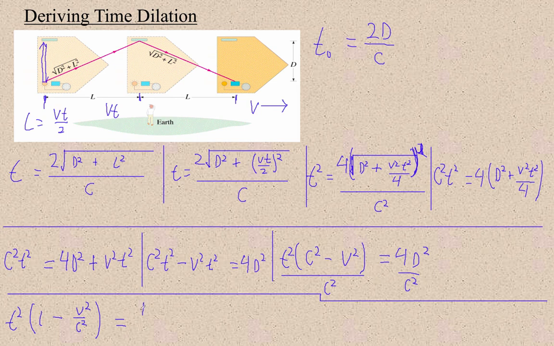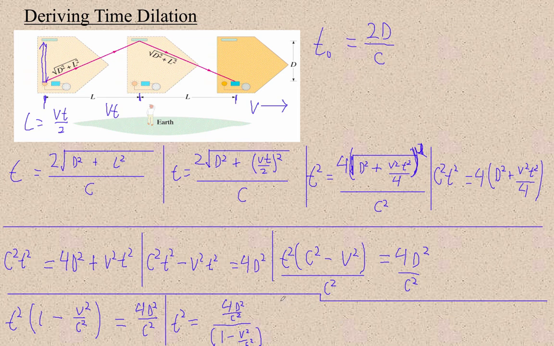Equals 4d squared over c squared. And then, of course, the next thing to do is to solve it for t squared. So t squared is equal to, I can see this pen going slower and slower. The more things I draw, for some reason, this pen goes slower and slower. So I've got 4d squared over c squared, over parentheses 1 minus v squared over c squared.